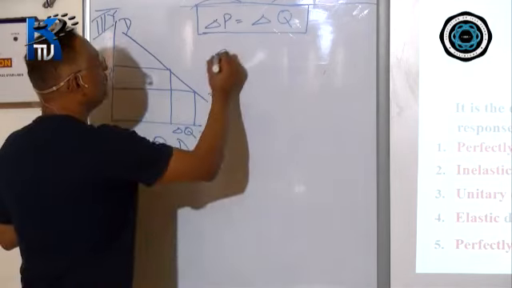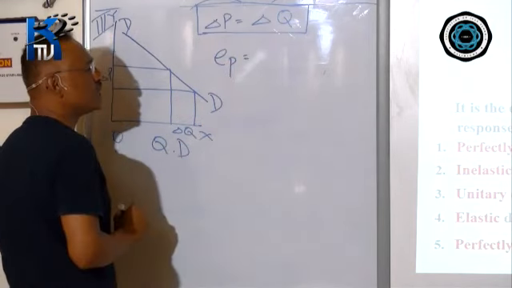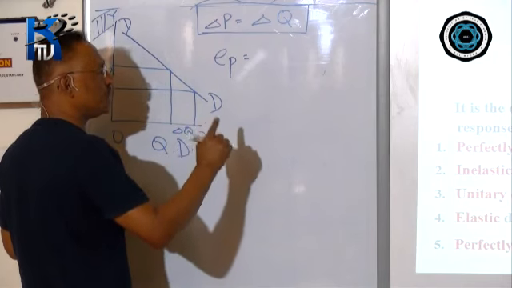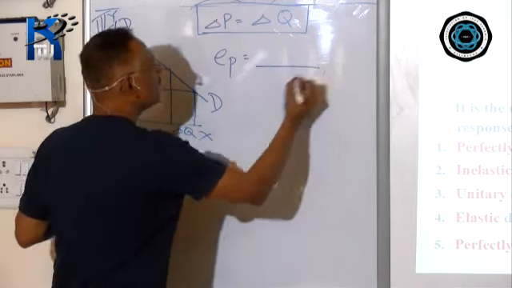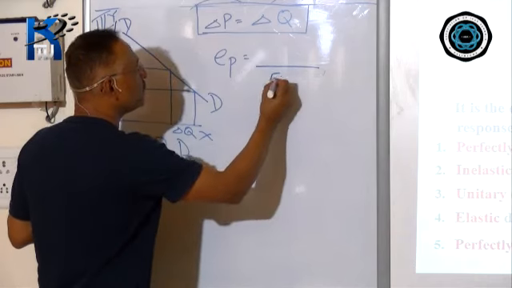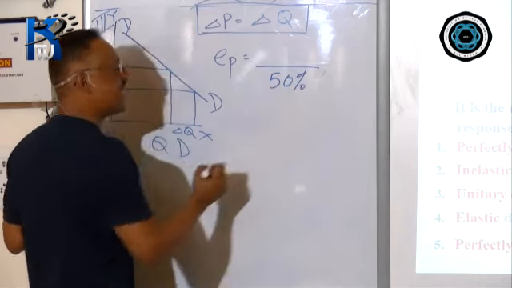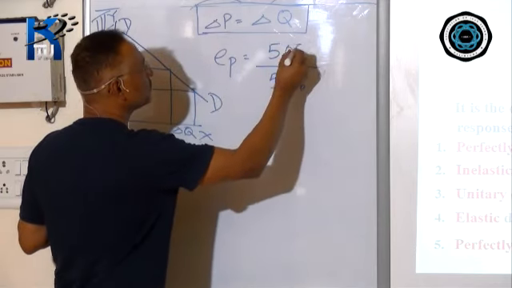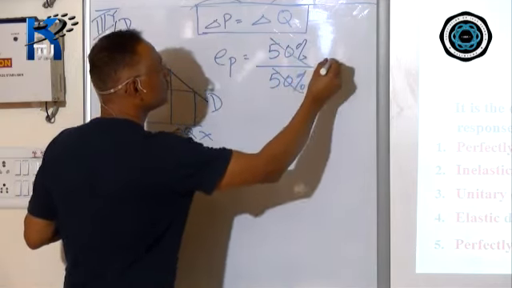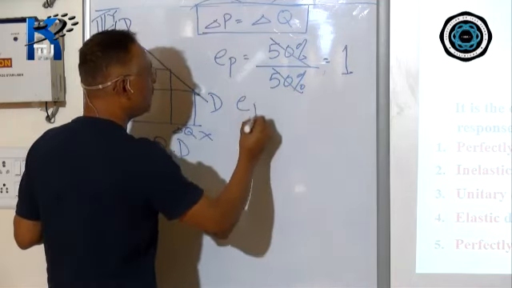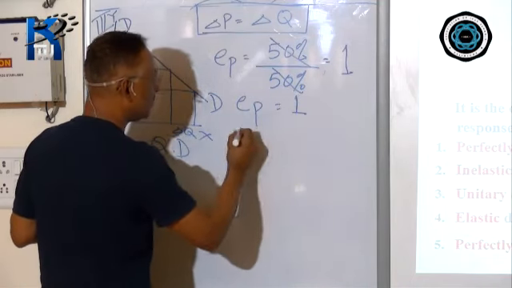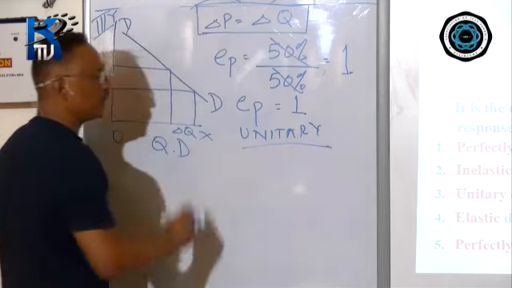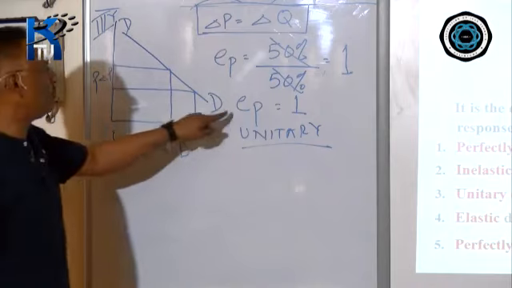EP is equal to percentage change in the quantity demanded upon percentage change in the price. Let us say the price increased by 50%, which led to fall in the quantity demanded by 50%. EP is equal to 1. Unitary. This is unitary demand curve. EP is equal to 1.